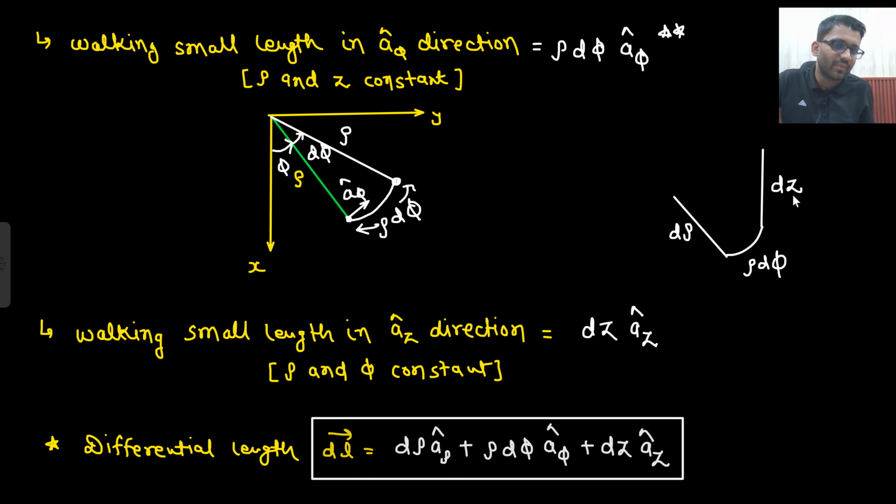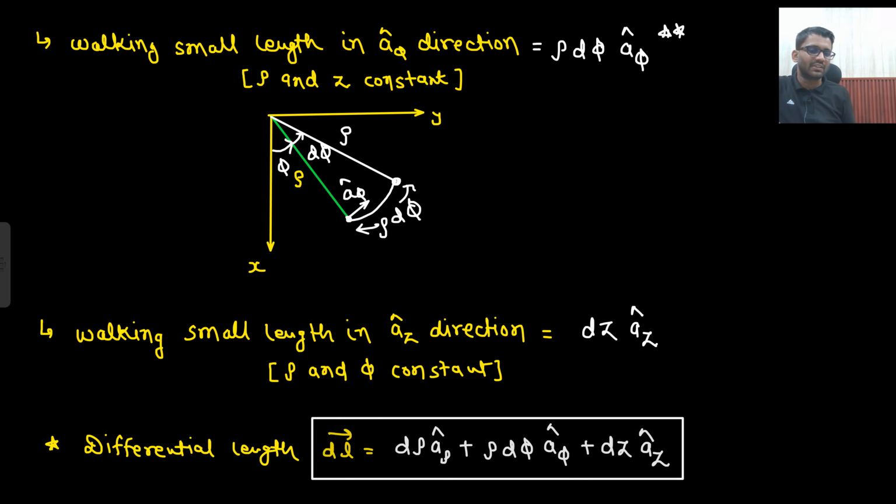So in that manner you can remember. D rho d phi dz. This is just a way to remember, nothing else. First you will work d rho d phi dz. I will just remove it because it may make you confused when you revise the notes. So just three diagrams are there: d rho, d phi, and in z it would be dz only. So this is the differential length.